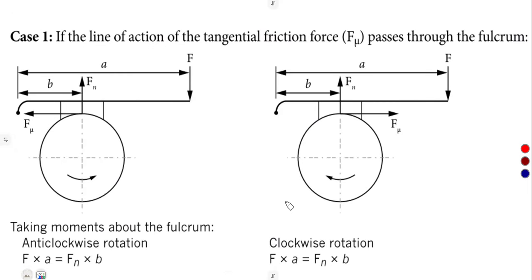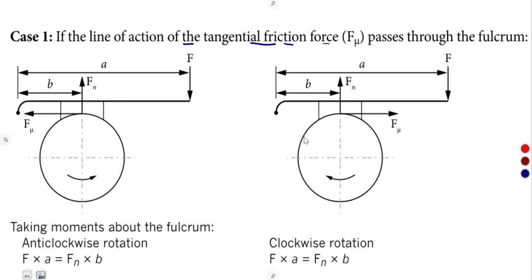Number one, we can have the line of action of the tangential force, which is our tangential friction force, pass through the fulcrum. It passes through our fixed point.